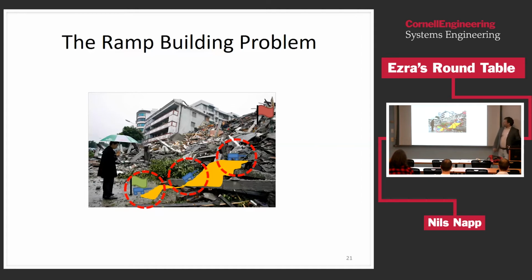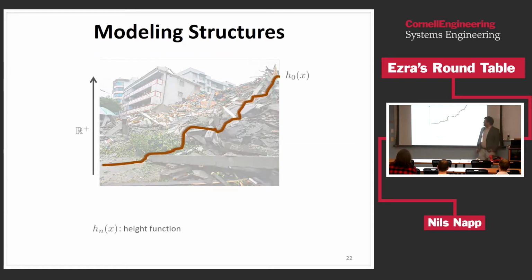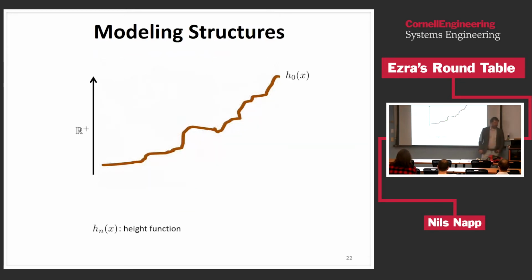To turn this into a more abstract version of the problem that we could reason about, there are three things we need to do. We need to figure out how to represent the world. We need to figure out what property the robots are trying to achieve. And we need to figure out how we model environmental modifications, the construction steps. For modeling the structure, because we want to model really irregular environments, we choose to use continuous height functions that are positive over some compact domain.